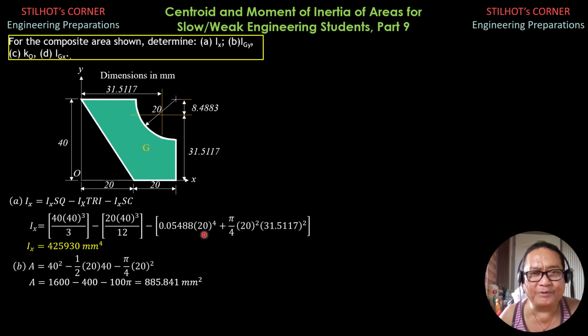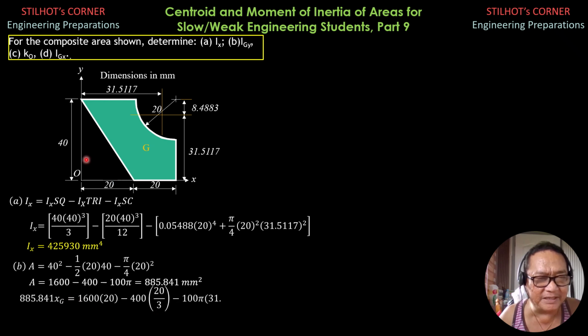And for my viewers, because of part D, I want you to solve for yg also, so that you will have two ways to solve for Igx. So 885.841 times xg equals 1600 times 20 minus 400 times 1/3 of 20, location of centroid of triangle, minus 100 pi times 31.5117. So 20 is the centroidal x-coordinate of the square from the y-axis. Solving for xg, xg is equal to 21.938 mm.